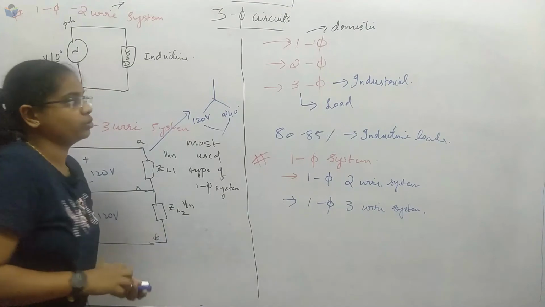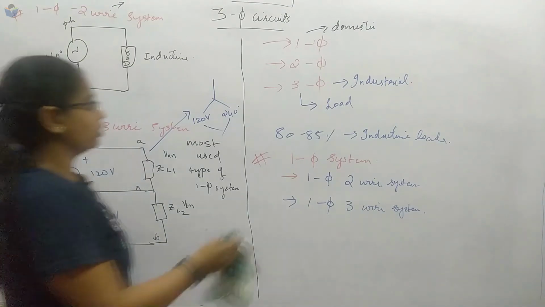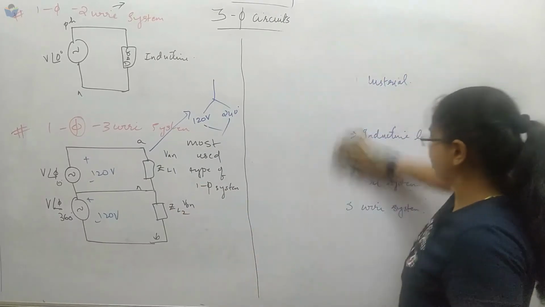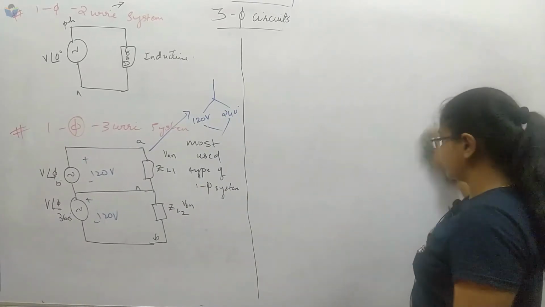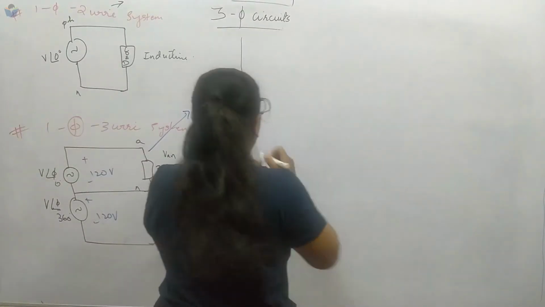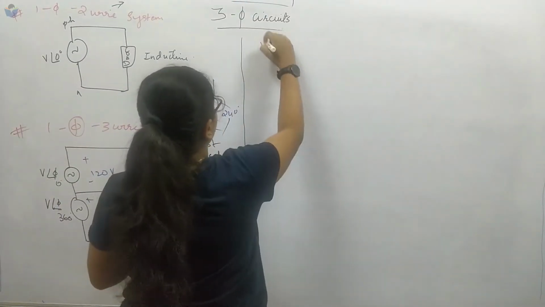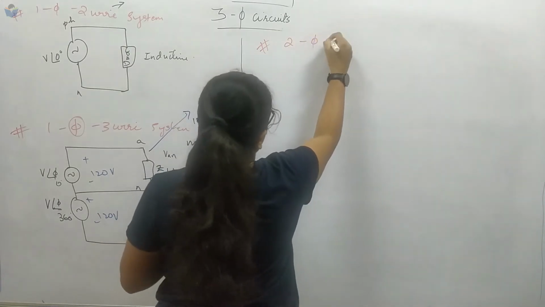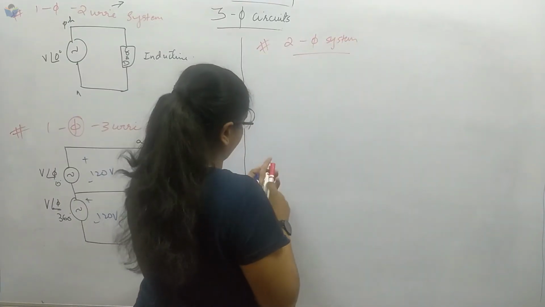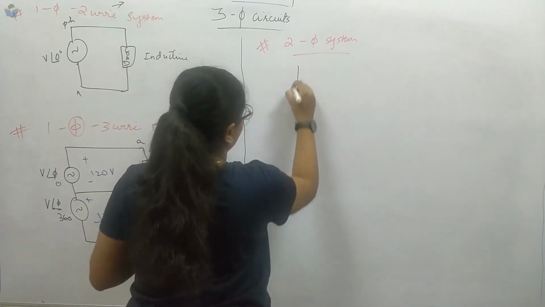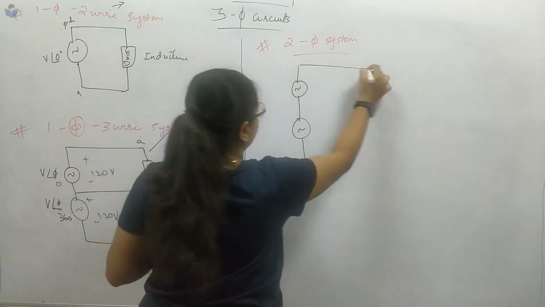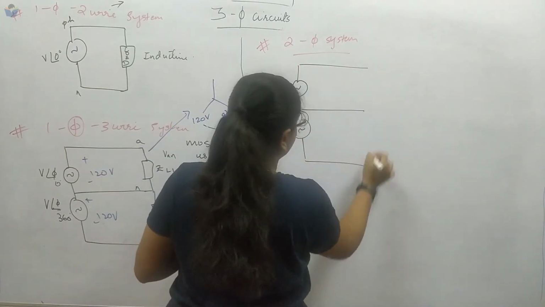Now coming to the 2 phase system. How does this look? It also looks like the single phase 3 wire system, but here the displacement will be different. Let us draw this 2 phase system. We will have 2 sources and 3 wires.